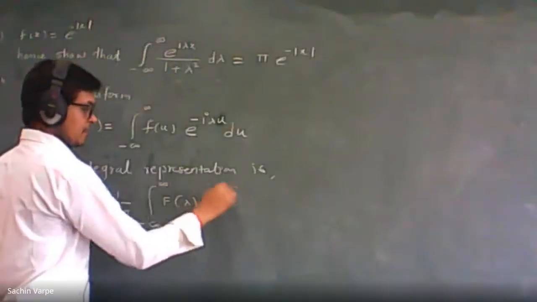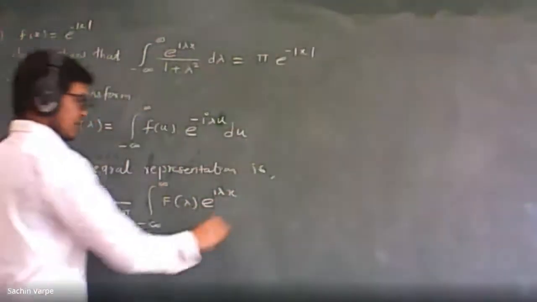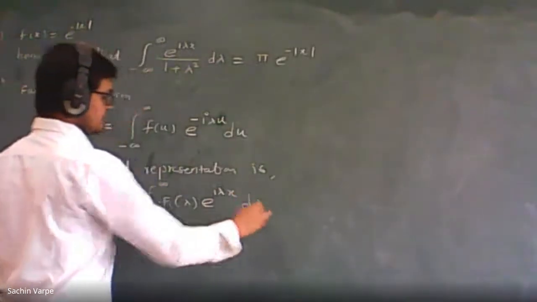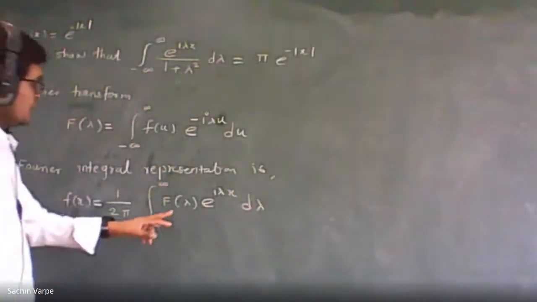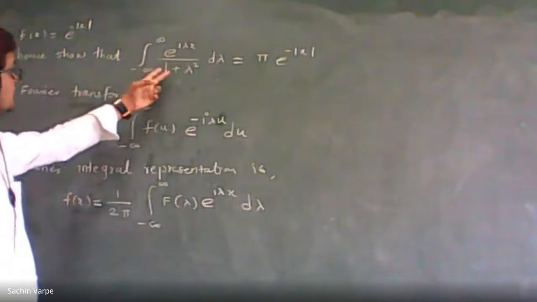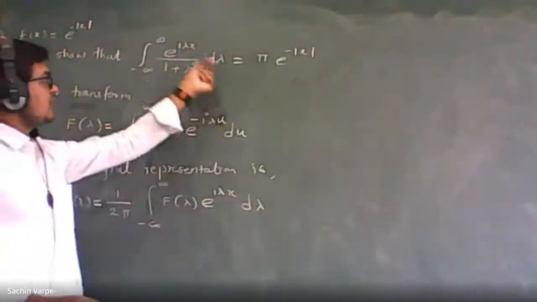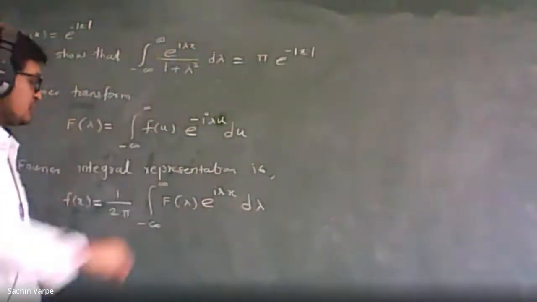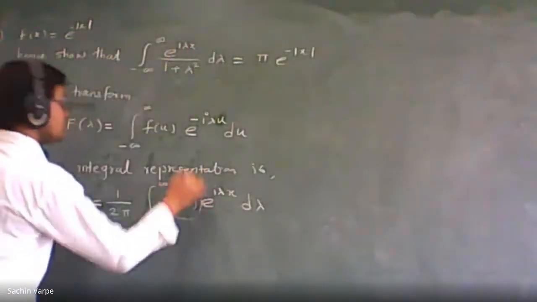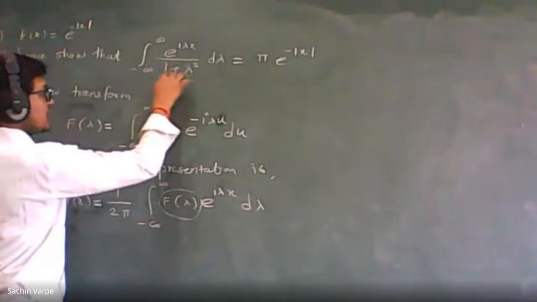It is plus here, whereas we had written minus before. If we compare this with the required integral, we can easily see that we have e raised to i lambda x, so F of lambda must be 1 upon 1 plus lambda square.